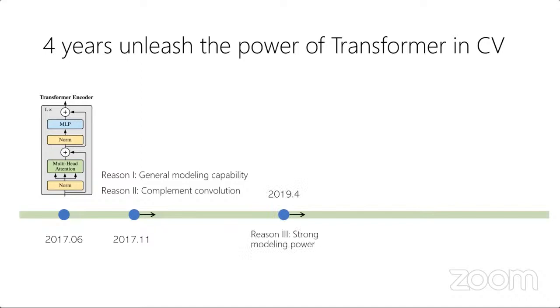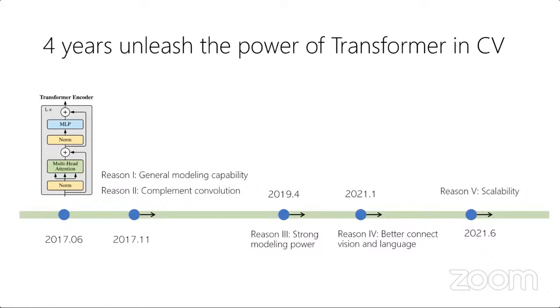The third merit is its strong modeling power, explored since April 2019. The fourth merit is that it can benefit the combination of vision and language, which was explored since early this year. The fifth merit lies in its ability to be scaled up in both model size and data size.